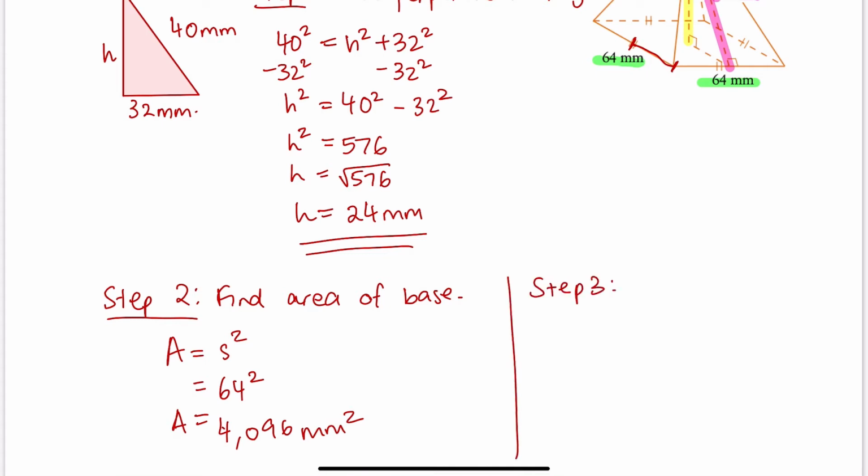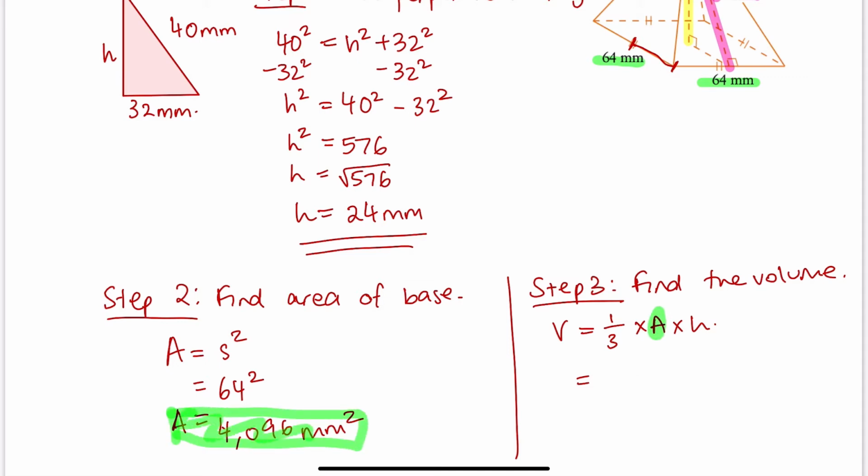Step 3, find the volume. So the volume of a pyramid is volume equals 1/3 times the area of the base times the height. Now, the area of the base, let's put that in green, is from our previous question. That's this one here. And then our perpendicular height is what we did in the first step.